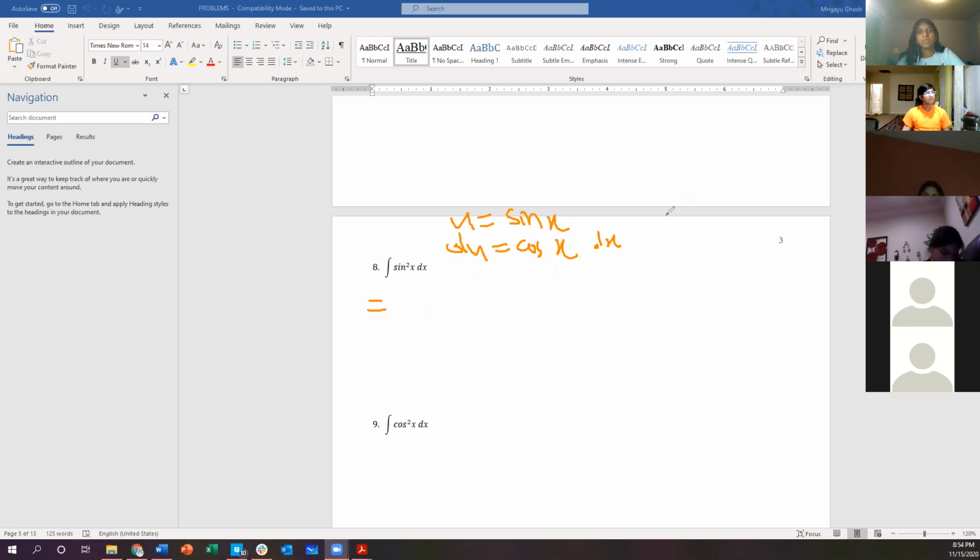Would that help? Because then that would be a u squared. And then dx would be du over cos x, which is sec x du. But I don't think that would help, would it?